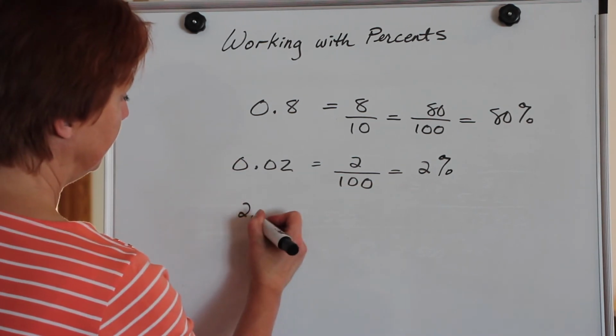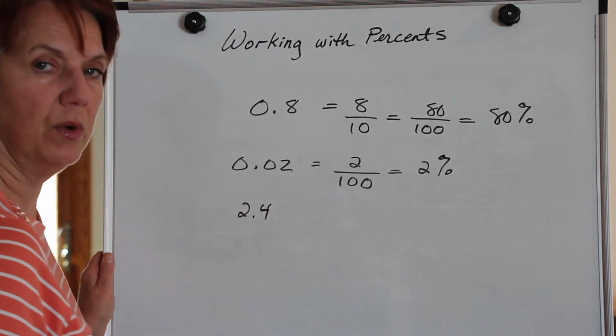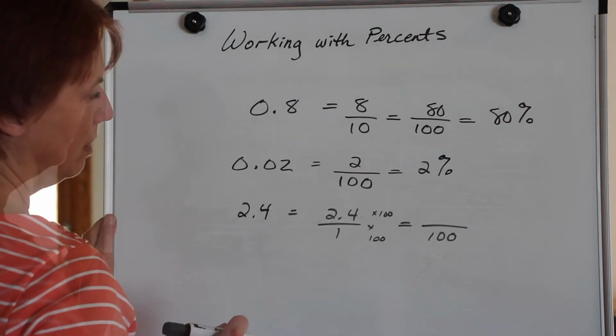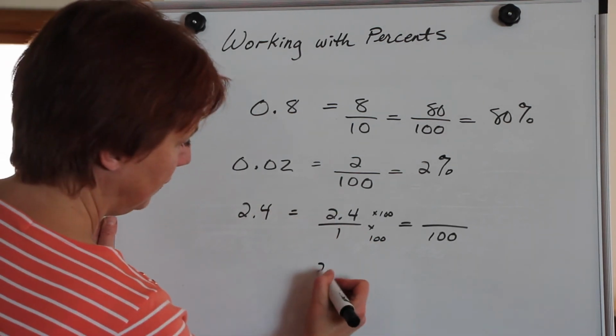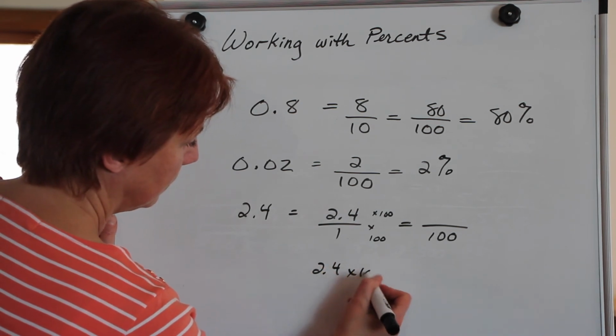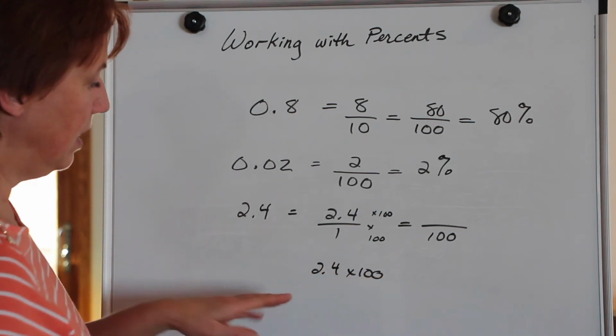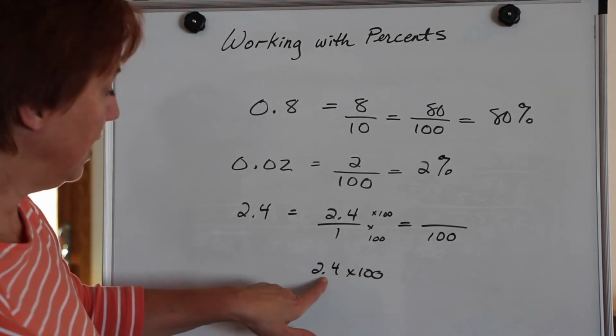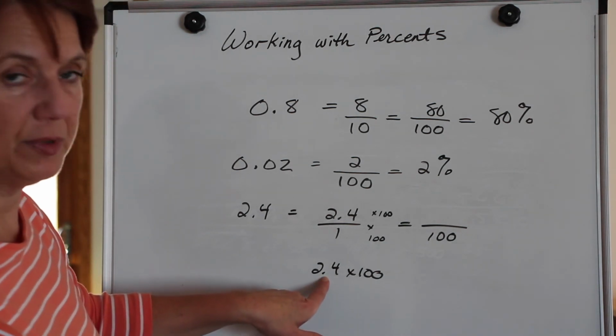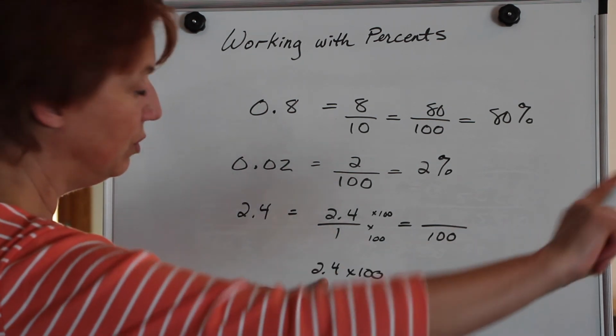What about this one? 2.4. What is 2.4 as a percent? The bottom I'm going to get 100, and the top, what's 2.4 times 100? Okay, so if you multiply any number by 100, you take that decimal wherever it happens to be, and you move it that way, 2 units.